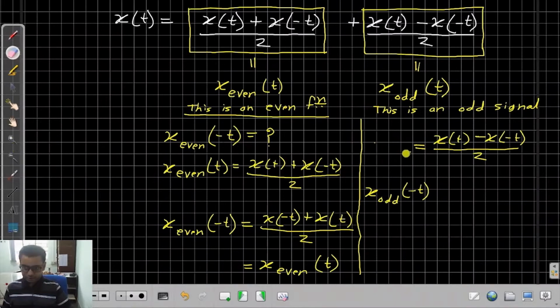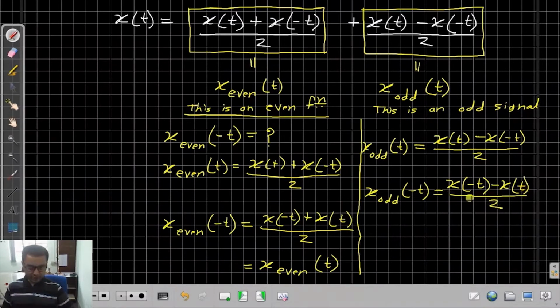Let me put the t here. This was x odd t. Now I am putting minus t in place of t. So replace all t by minus t everywhere. So this becomes x(minus t) minus x(plus t) whole divided by 2.